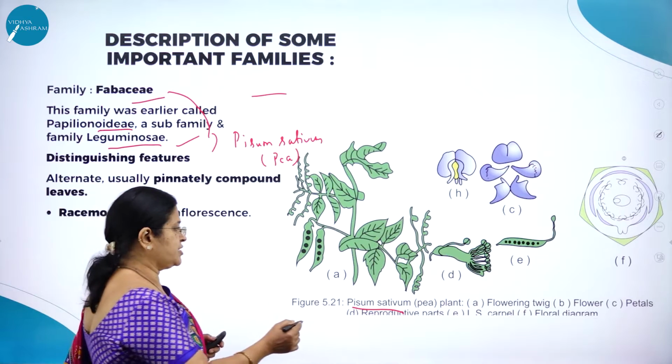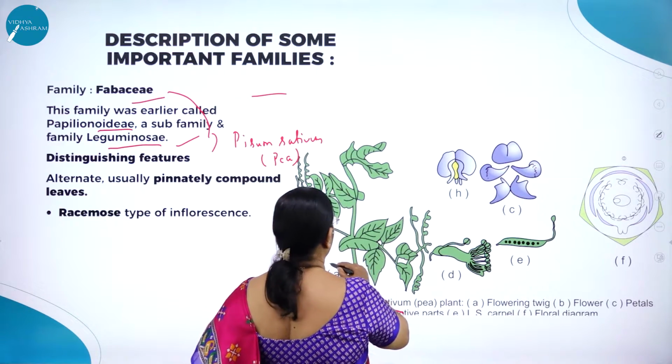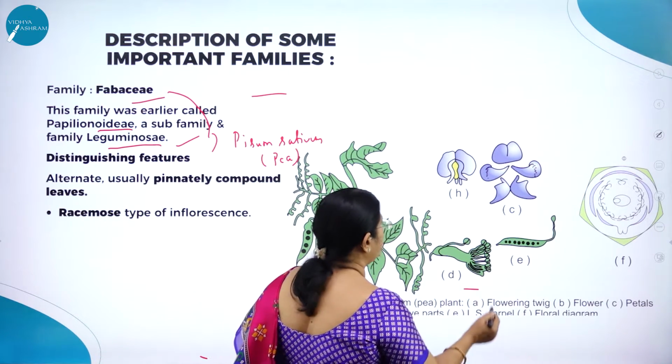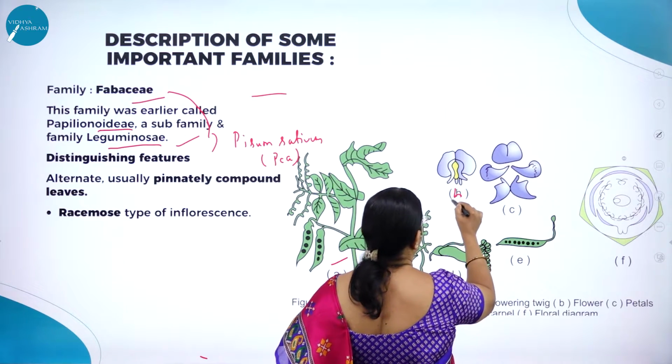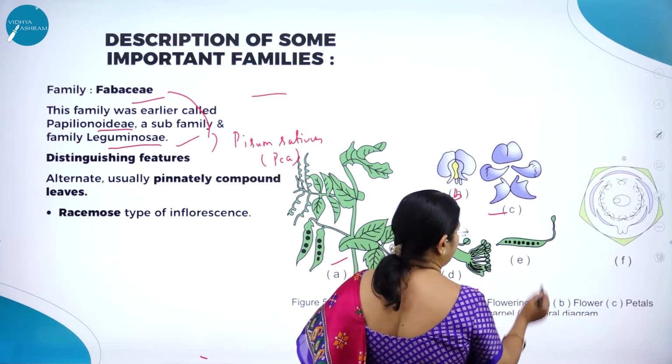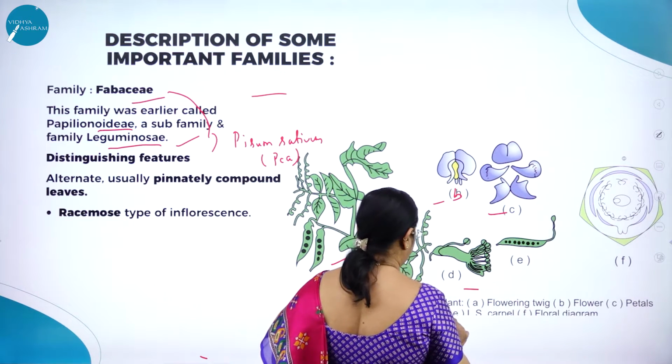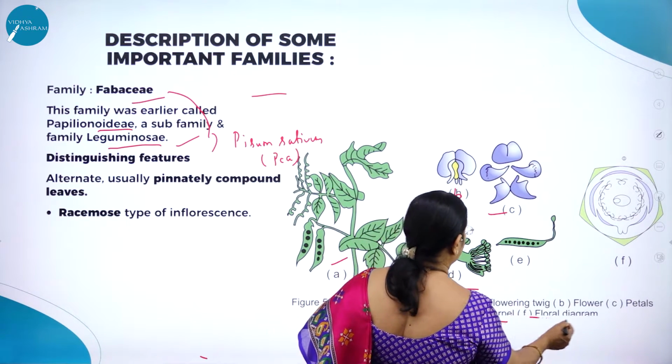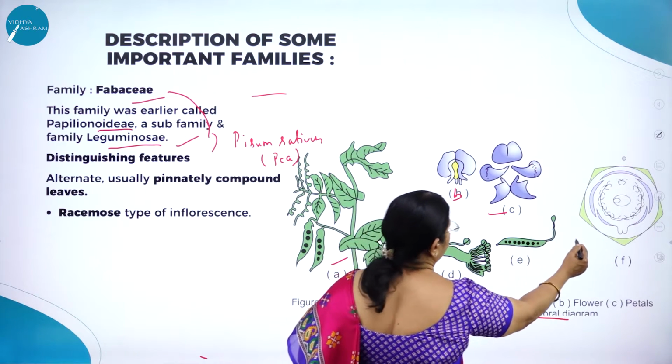This is the picture of a flowering twig. B is a flower. Then C is the petals. Then the reproductive parts like the carpel and the floral diagram. So this is the floral diagram.